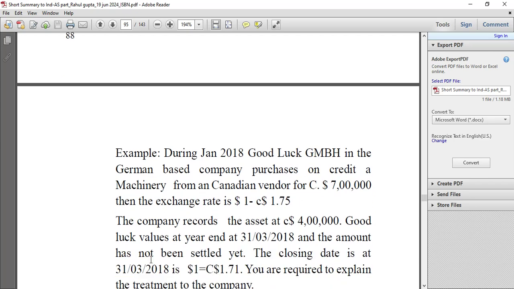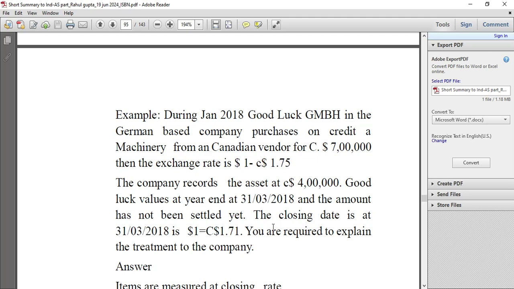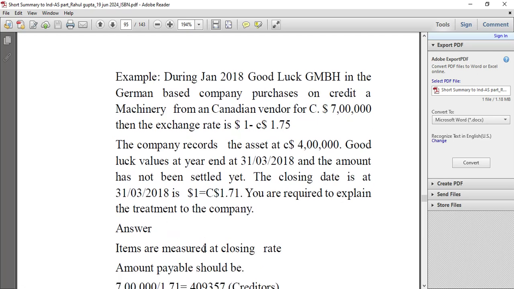The company records the asset at 4 lakh. Goodluck values it at the year end, 31/3/2018, and the amount has not been settled yet. At the closing date, 1 euro is equal to Canadian dollar 1.71. You are required to explain the treatment to the company.